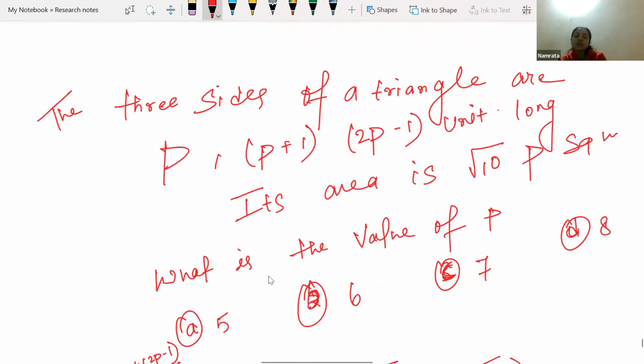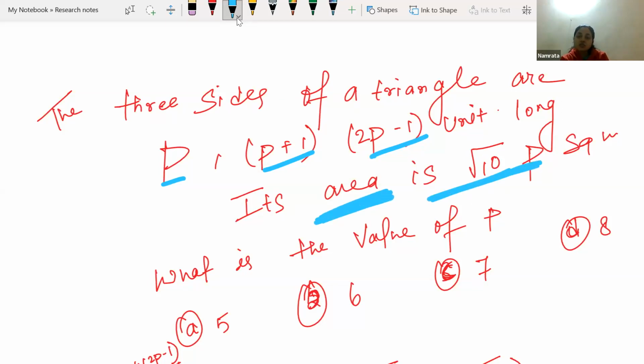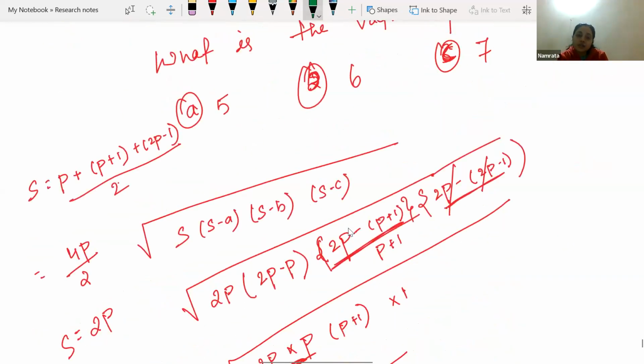If you see the question, the three sides of a triangle are given: P, P plus 1, 2P minus 1. Its area is under root 10P. So let's take this value.